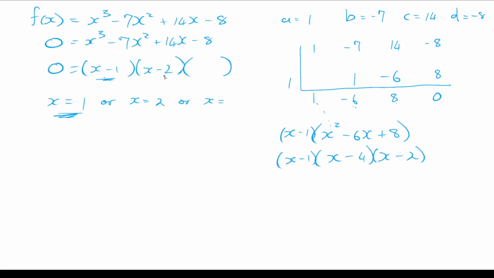I've got this one, I've got this one, I need that one, x - 4. Bam! So x equals 4. And you're going to get your marks for this, and for letting it all equal 0, and for your final answers.